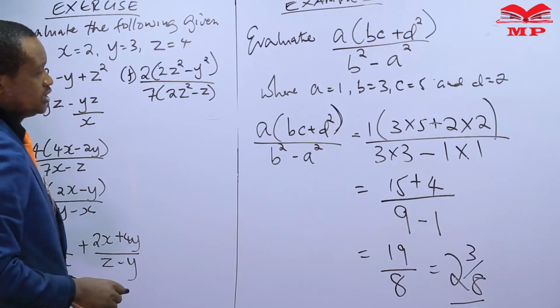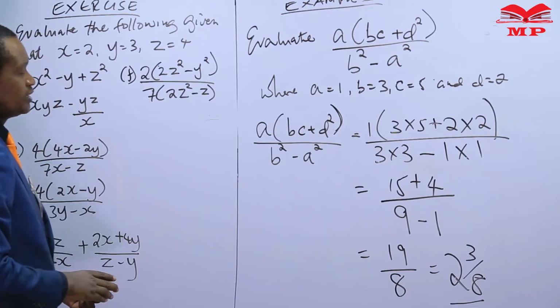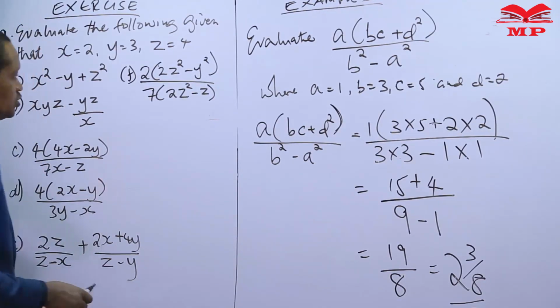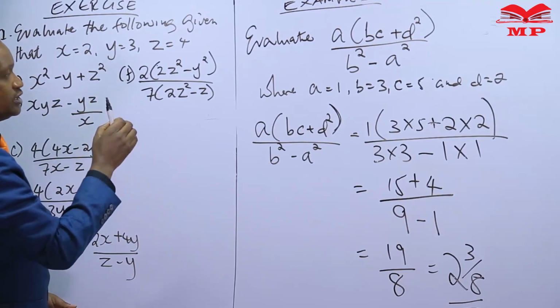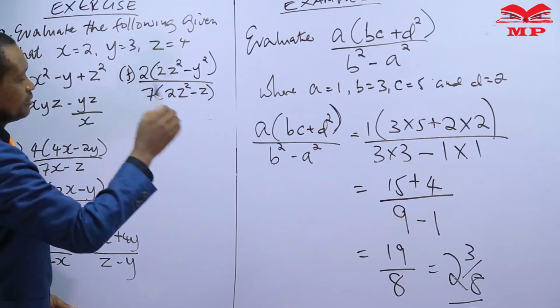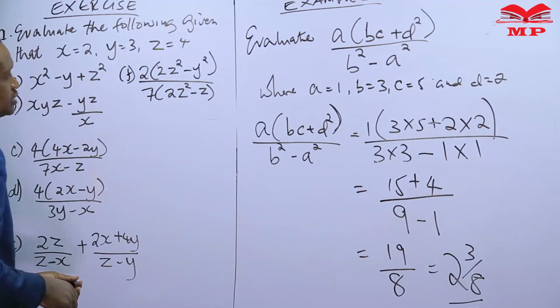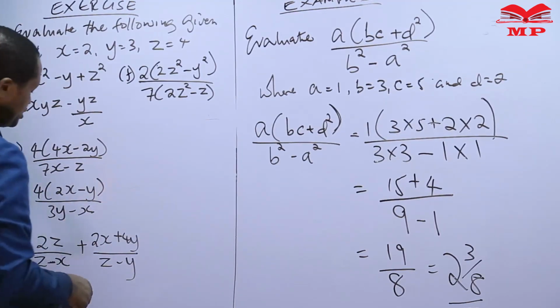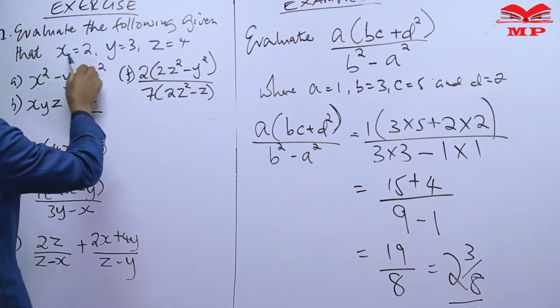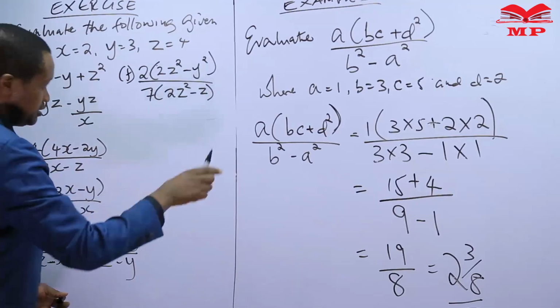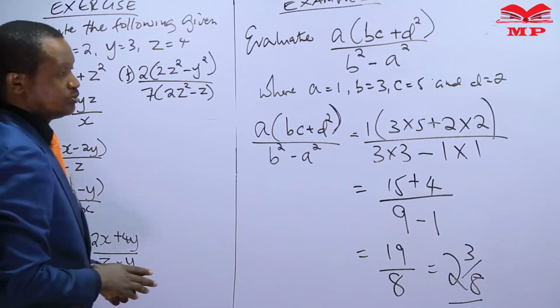And as you have learned today, the procedure is to substitute the numbers for the letters. Where there are letters, insert these numbers, then simplify. That will be your exercise.